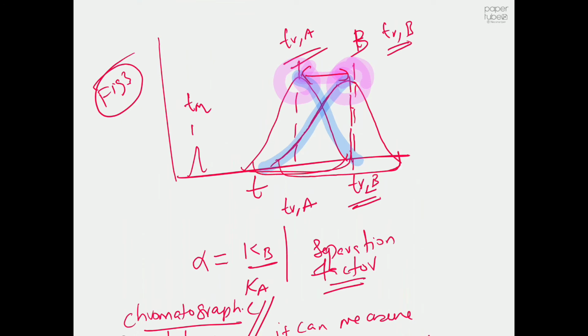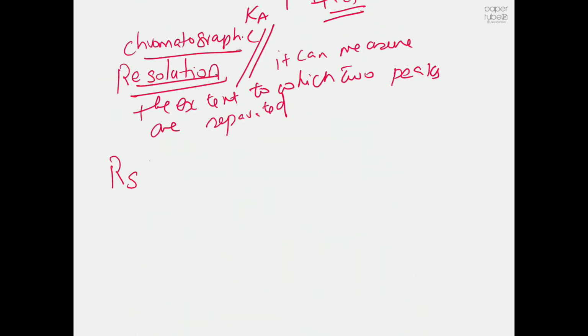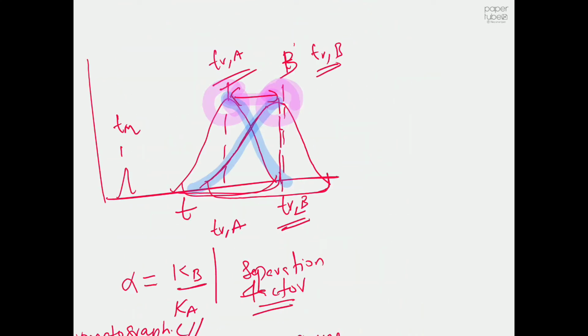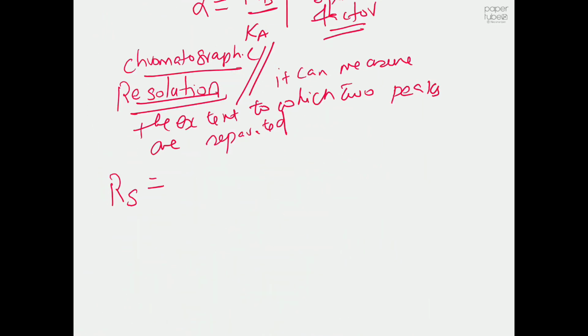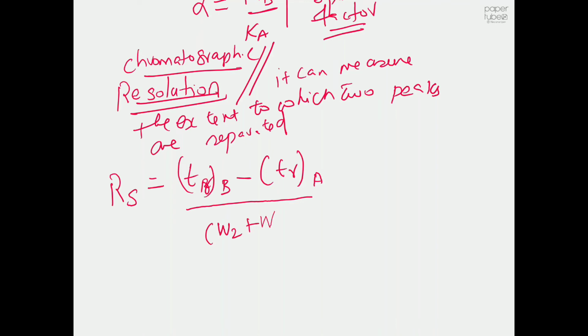So how to define this resolution factor? It's an analytical expression. Say in this case we have molecule B and molecule A. So let's say the residence time of molecule B minus the residence time of molecule A, divided by W2 plus W1 divided by 2.